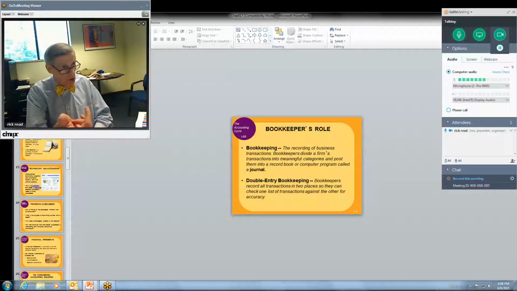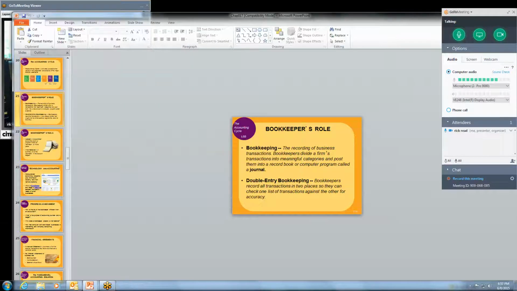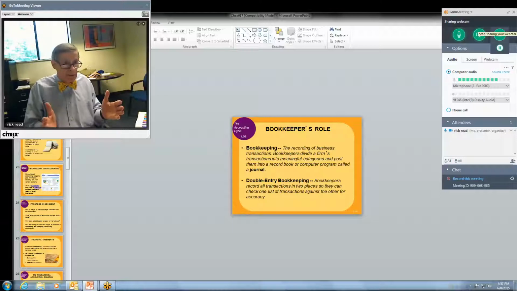And notice it's called a journal. And then we have what is known as double entry bookkeeping. And this simply means the transactions are posted in two different areas. So there we have a check and a balance, if you will.